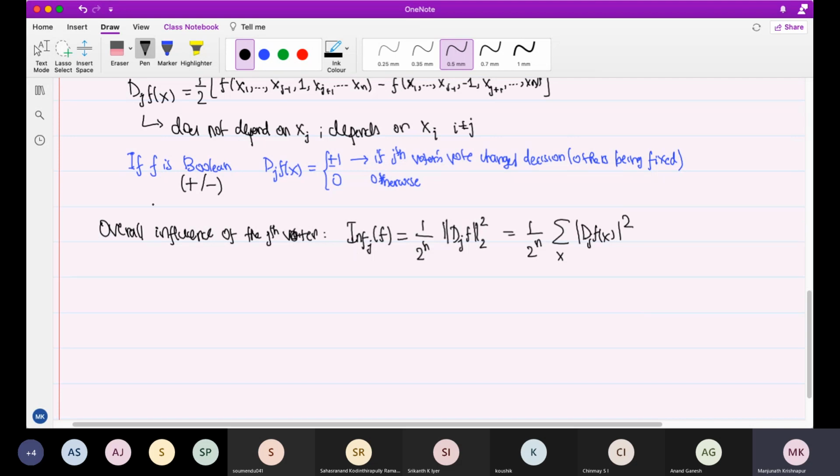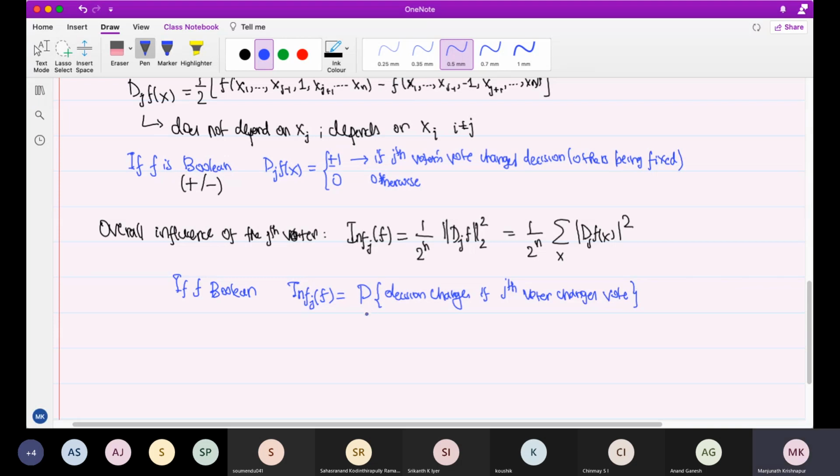Maybe one example. This one, by the way, is not necessarily for Boolean functions. When f is Boolean, influence_j of f is really the probability that the decision changes if the jth voter changes vote.